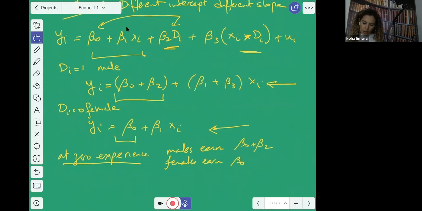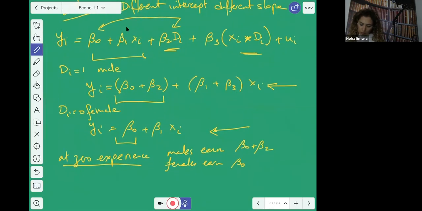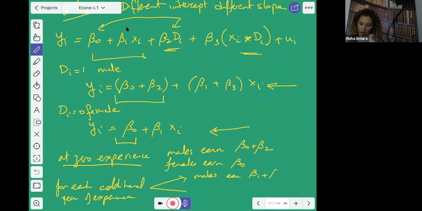What about an additional year of experience? For each additional year of experience, males earn beta 1 plus beta 3. Females earn beta 1. This is more realistic, right?